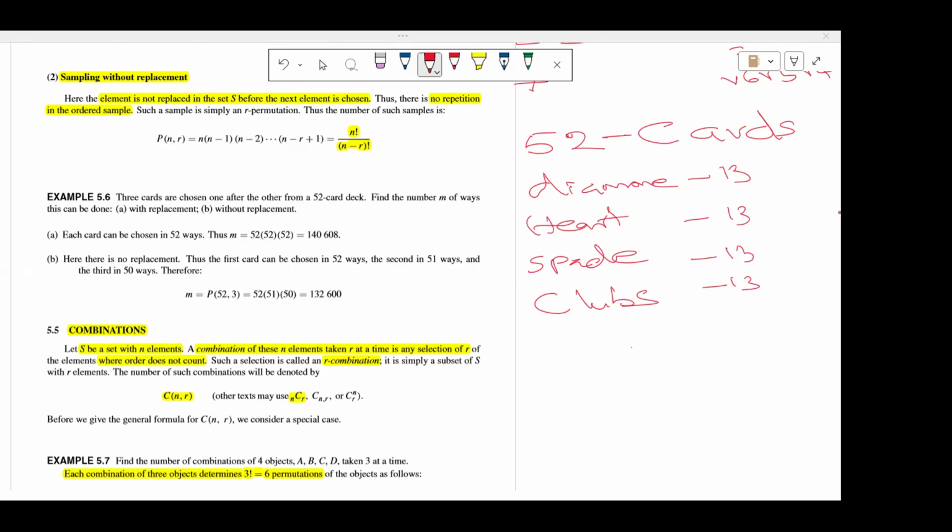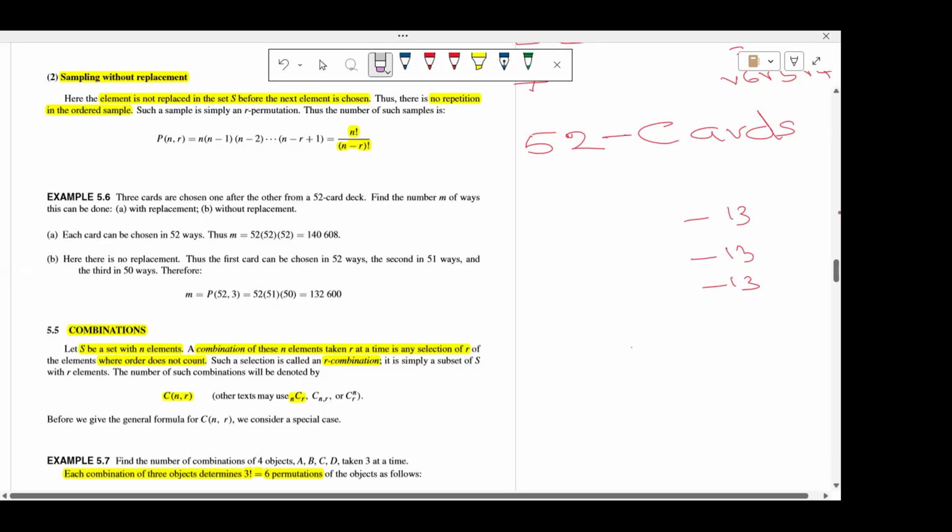We take the first card, then the second, then the third. With replacement means from the box we take the first card, put it back inside, and take the second card. Again we put it back and take the third card. That is what we call with replacement.